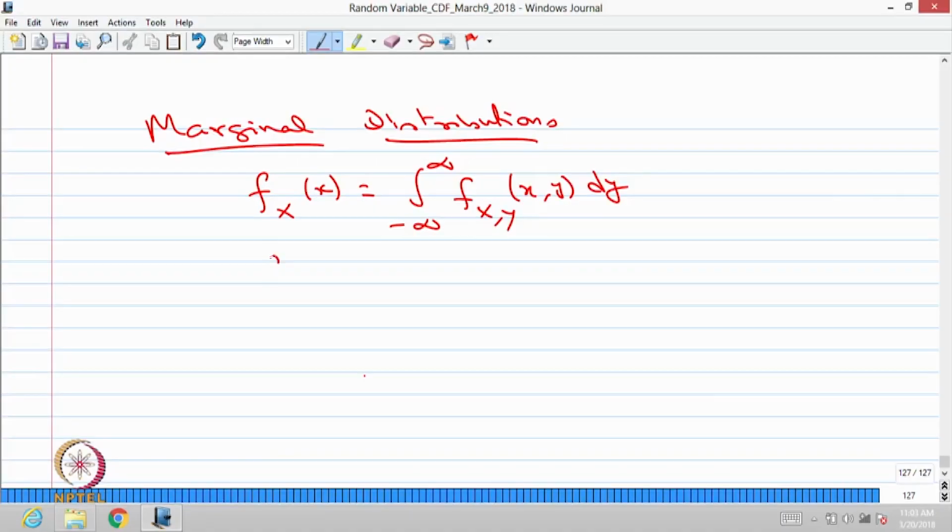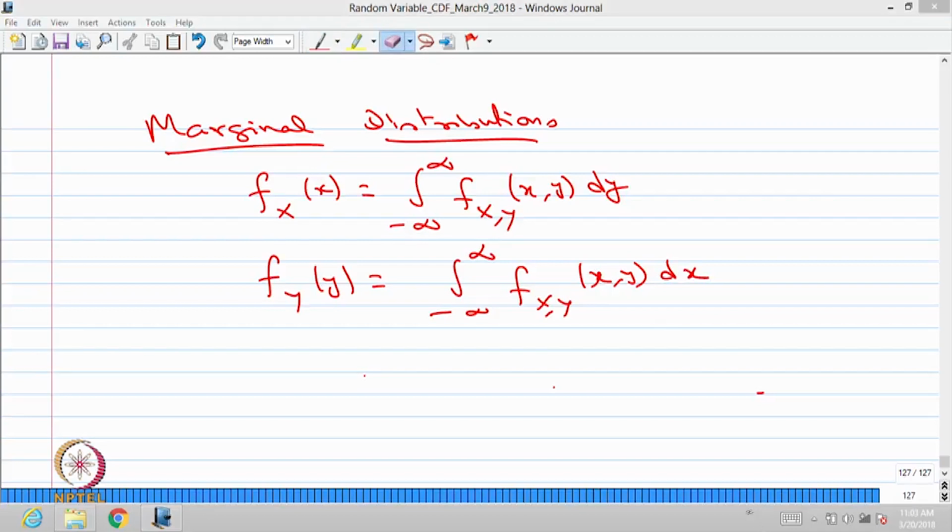Similarly, we can get the probability density function of the random variable y by integrating the joint probability density function of x comma y with respect to x. The same thing we have done for discrete type random variables. So this is a continuous type random variable, therefore the marginal distributions of x and y can be obtained from the joint distribution of the random variable x comma y.